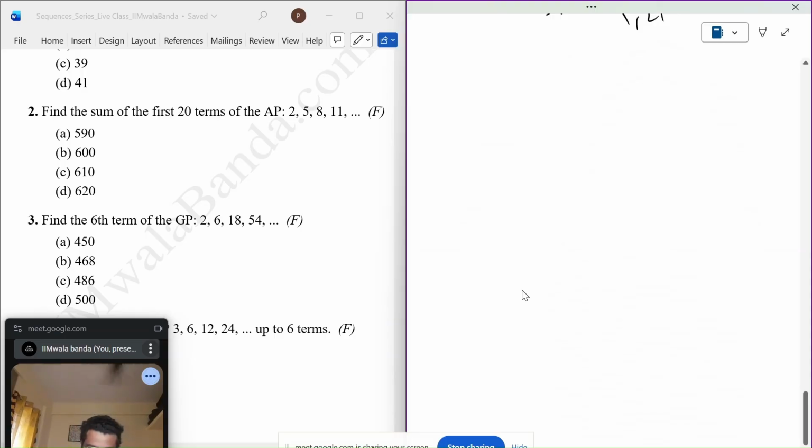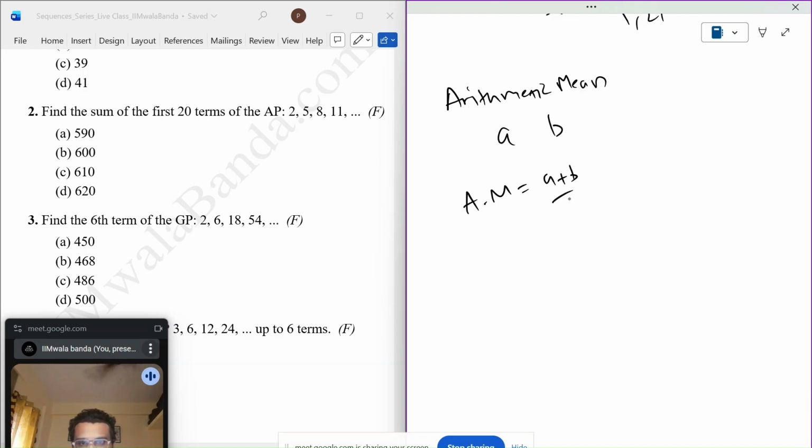So this also you can note down. Okay. So there's another very important concept, which is arithmetic mean, which is basically another name for average. So if I want to find the arithmetic mean of, let's say, a and b, the arithmetic mean formula is a plus b by 2.